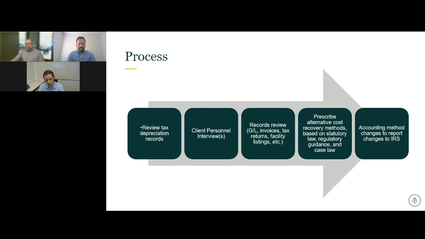And provided that there's opportunity there to accelerate losses or maybe clean up some compliance issues or both, we proceed with a mix of client personnel interviews and reviewing any available ledger data, invoices, and so forth, really understanding the business purpose and intent of each of the capital projects to see what we could do in terms of changing lives and methods of things, usually from 39 years down to 5 or 7 years, or best case, a tax-deductible expense, creating pretty big deferral benefits for both federal and state filings.